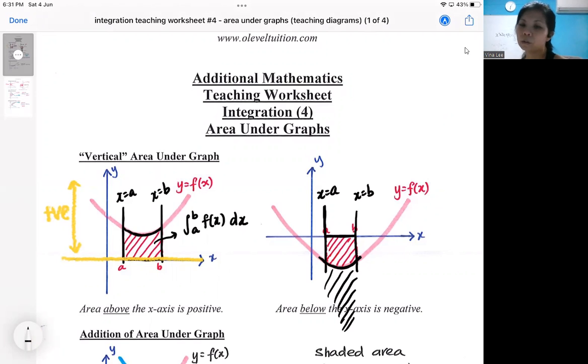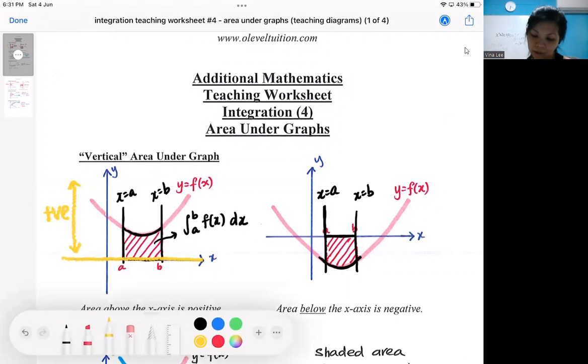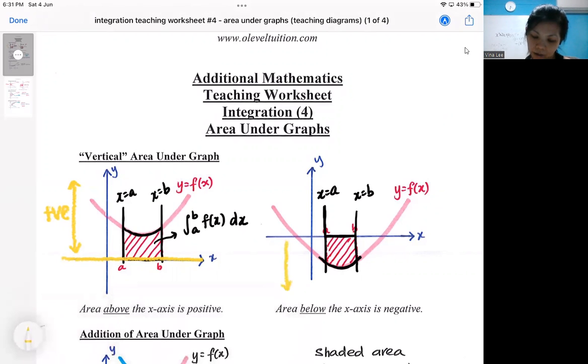So the definition is that it's bounded by the two vertical walls, and it's also bounded by the graph. And again, it's being stopped by the x-axis. Because this area is below the x-axis, it will be a negative area.